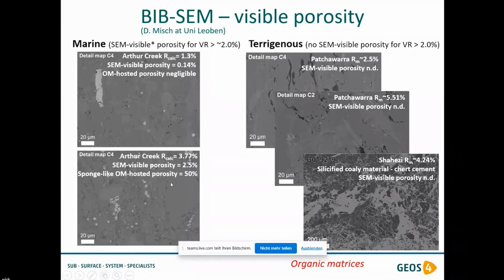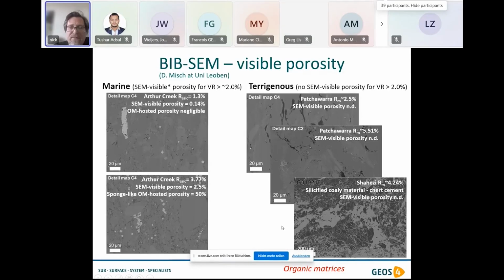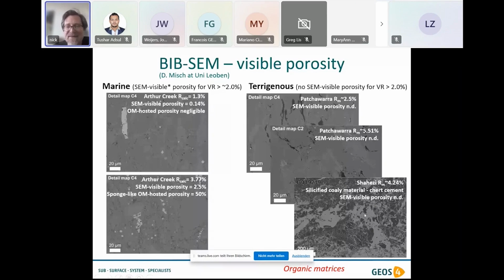So the presence of those sponge-like organic matter hosted pores might be very important for the marine shales and for storing the hydrogen in there, because the microporosity found in the coaly organic matter is not as big as in the coal.